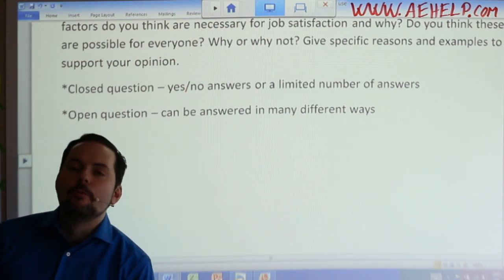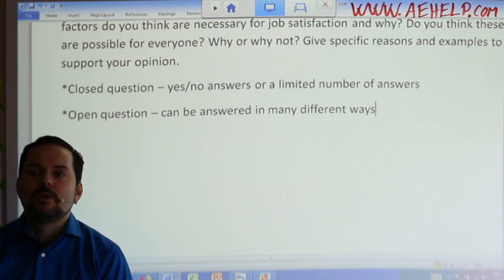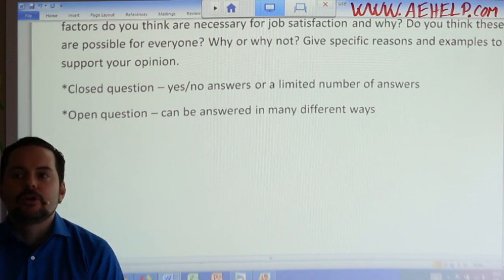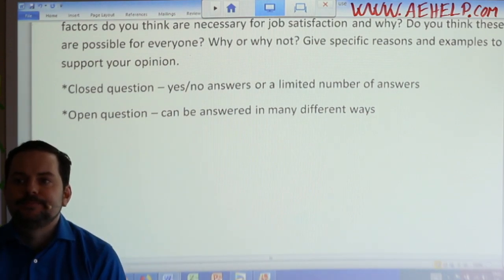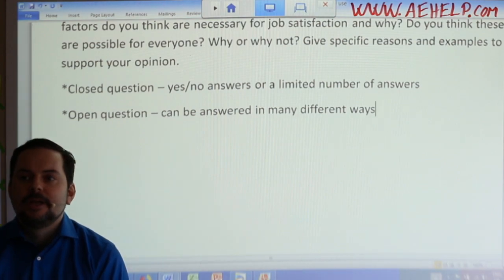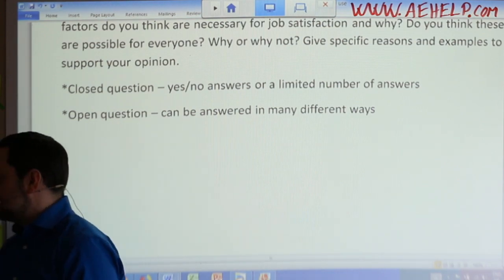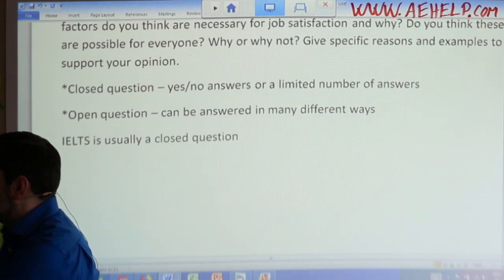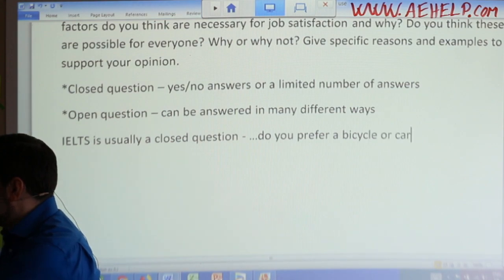Is it usually an open question or is it usually a closed question? Is IELTS Task 2 usually open or closed question? It's actually a closed question, guys. So IELTS is usually a closed question, like, do you prefer a bicycle or car?